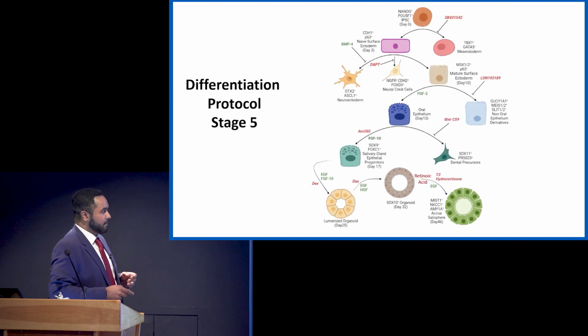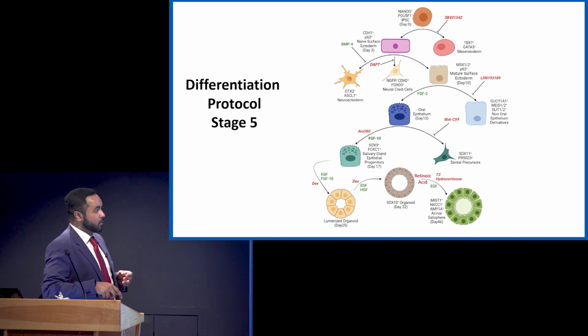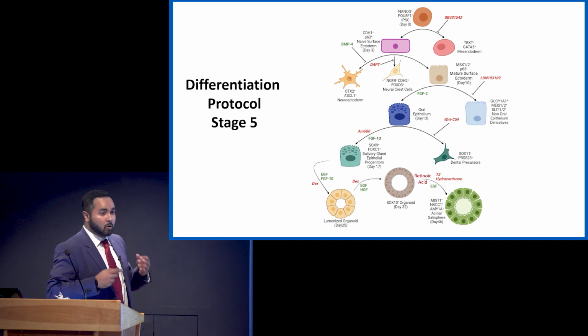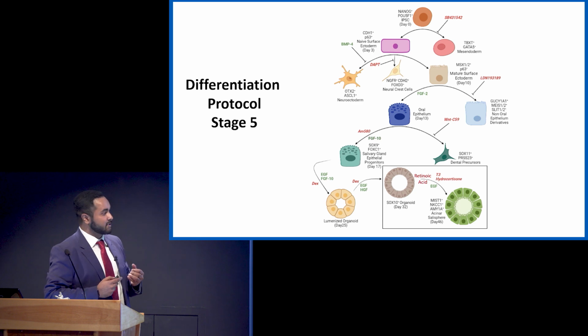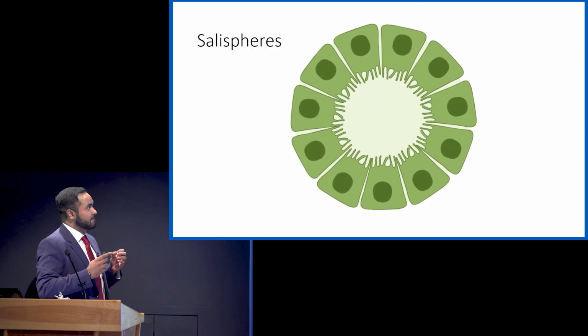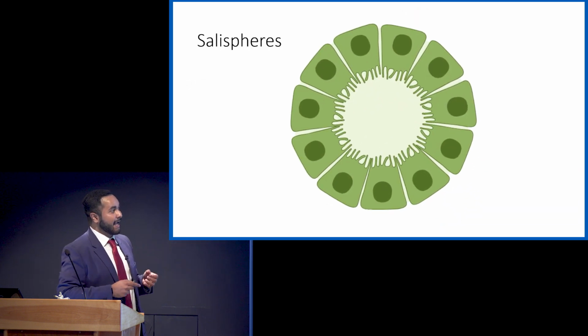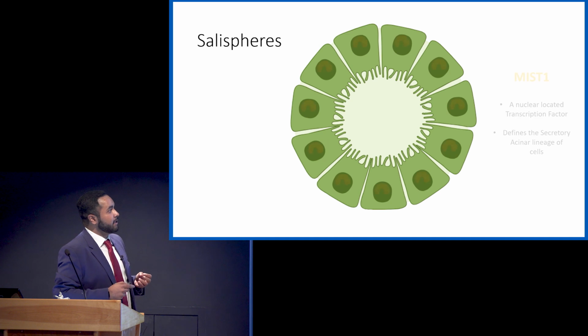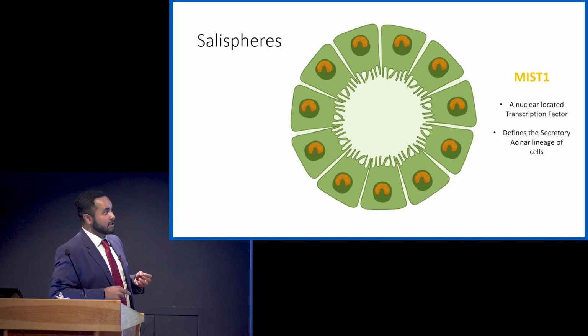So now that we have our SOX10 progenitor organoids, our goal was to fully mature them into saliva-producing salispheres. So what is a salisphere? A salisphere is an organoid which has MIST1 in its nuclei. MIST1 is a nuclear-located transcription factor that defines all acinar lineages of cells.